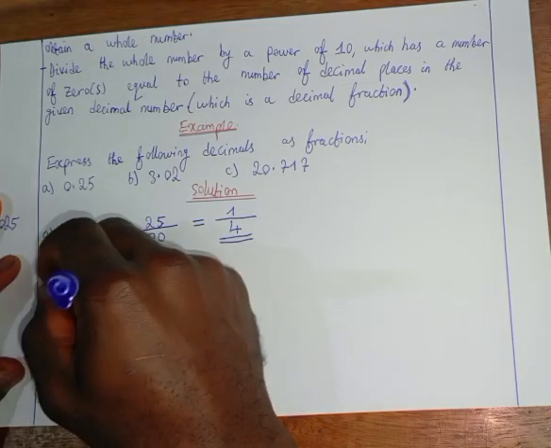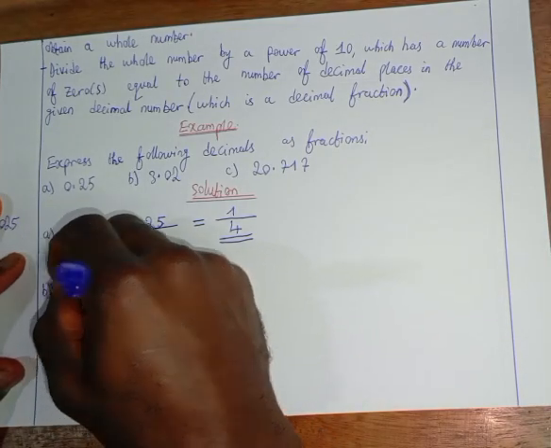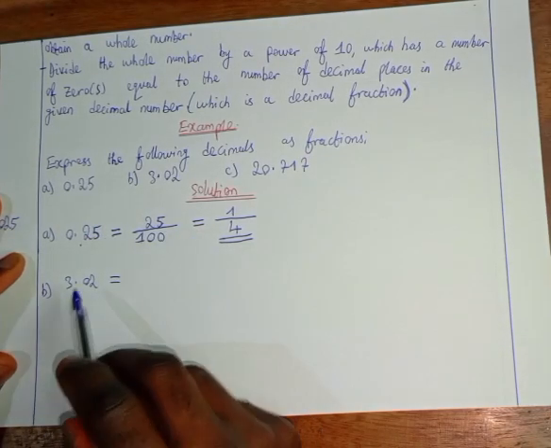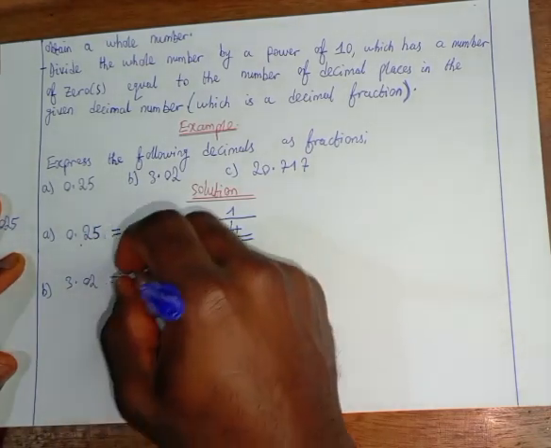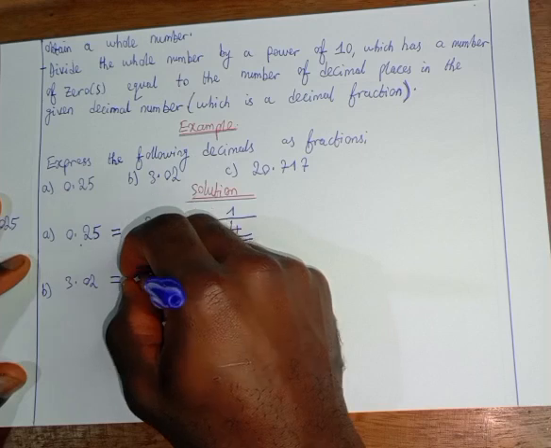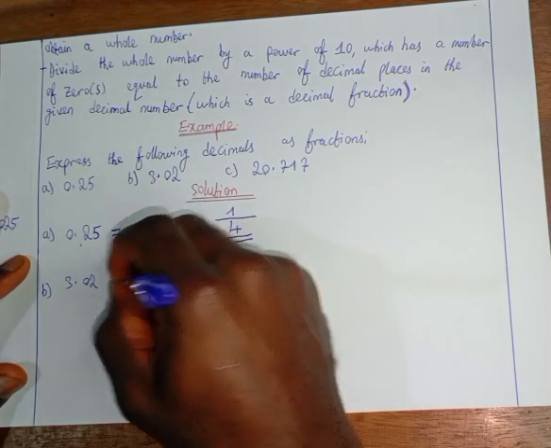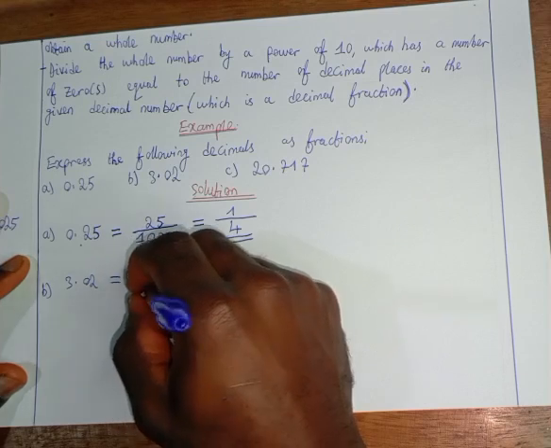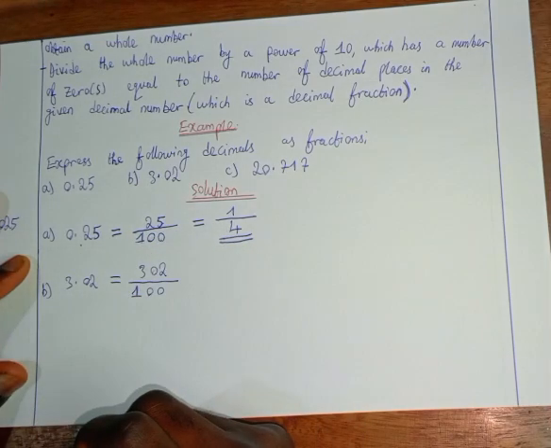Going on to B, we have 3.02. Counting the number of decimal places, we have 1, 2. We ignore the decimal point, which gives us 302. Next, we divide by 1 with 2 zeros, since we have 2 decimal places.